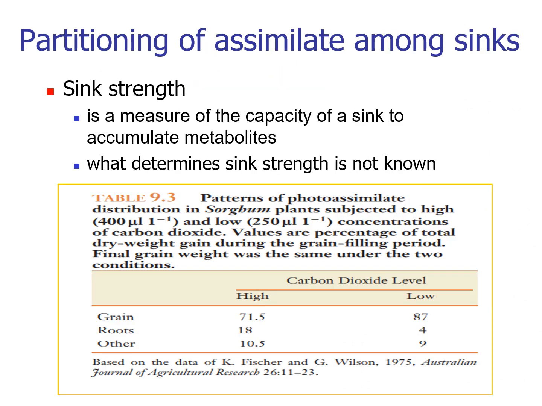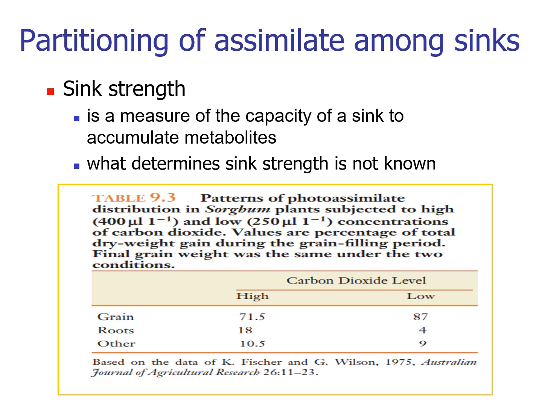Partitioning of assimilate among sinks also depends upon sink strength. Sink strength is a measure of the capacity of a sink to accumulate metabolites. What determines sink strength, however, is not known.